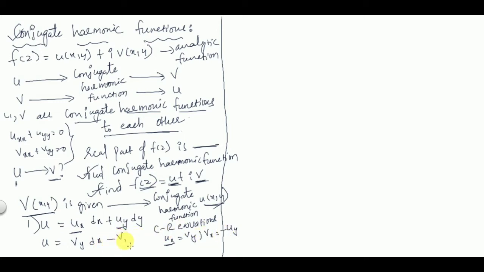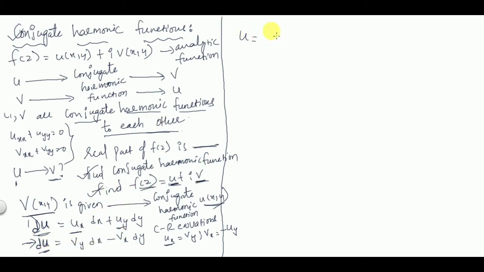In the place of uy you can write minus vx dy. Okay, so this is what you have to find, this is du. Sorry, not u, I have written it wrongly, so this is du. So how can you find u?